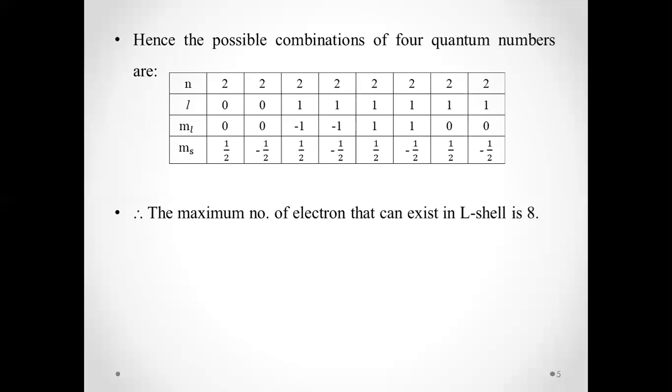Therefore, the maximum number of electrons that can exist in L shell is equal to 8.